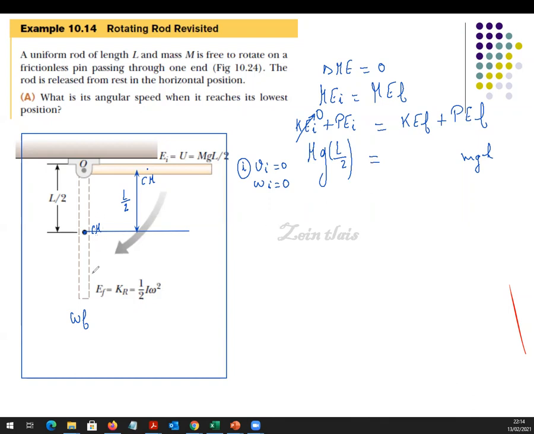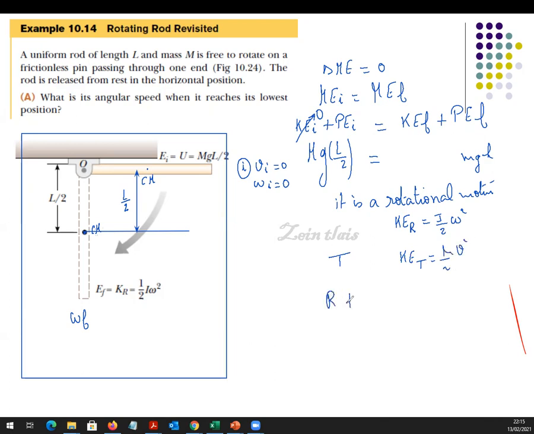At the final position, in this system, we have only a rotational motion, so the rotational kinetic energy equals I over 2 omega square. If we have a translational motion, kinetic energy translation equals half mv square.